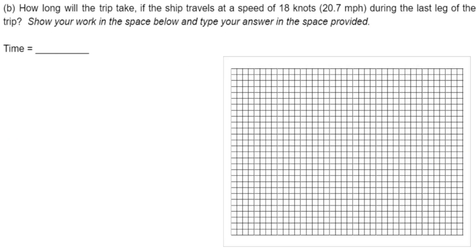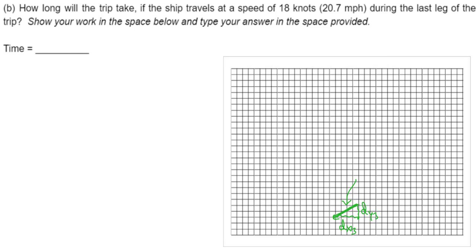So then, once you figure out your x direction and your y direction, that will help you figure out the total time the trip will take, because it says, how long will the trip take if the ship travels at a speed of 18 knots, or 20.7 miles per hour, during the last leg of the trip? Well, remember the last leg of the trip was that little leg right here. So you have to take your dx3 and dy3 and use the Pythagorean theorem to calculate that last leg, because we're not going down and then over, we're going in a straight line.